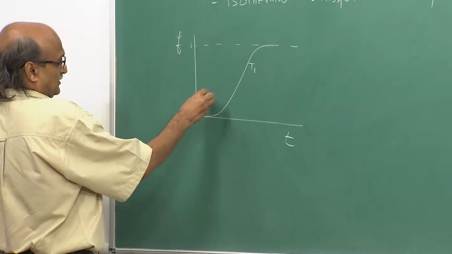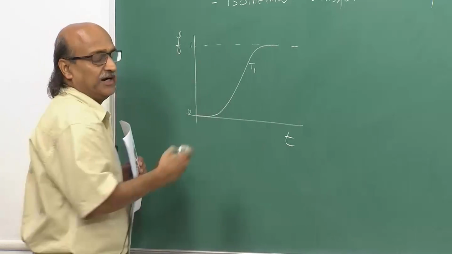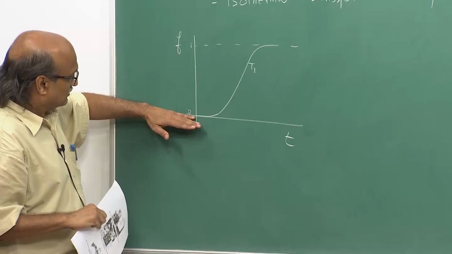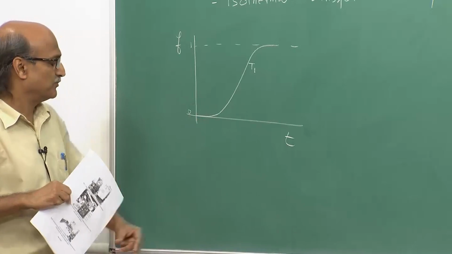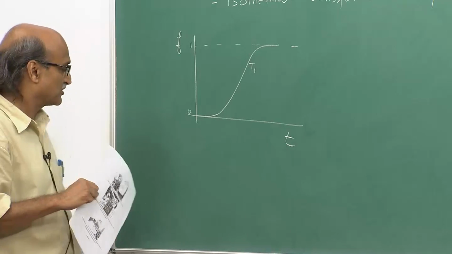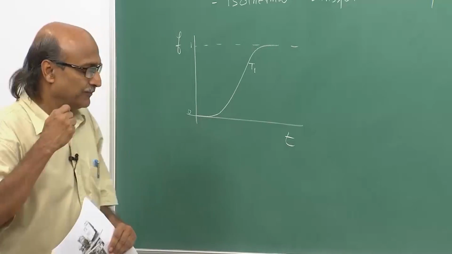Let me set the start and the end of the transformation. Well, we cannot really set the start of the transformation at 0. It is almost impossible to measure the start of a transformation, but one can decide on a small number as the start.